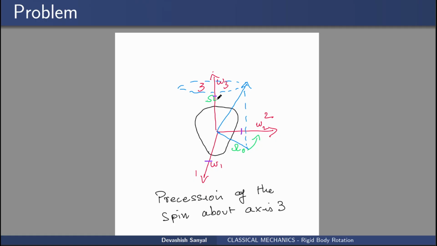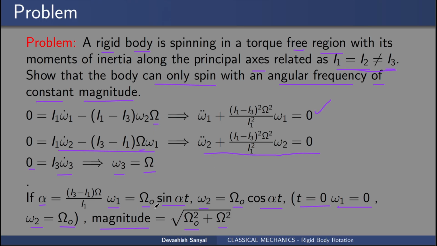This angular frequency has a constant component Omega along direction 3, and omega 1 is changing according to omega naught sine alpha t, and omega 2 is changing according to omega naught cos alpha t.